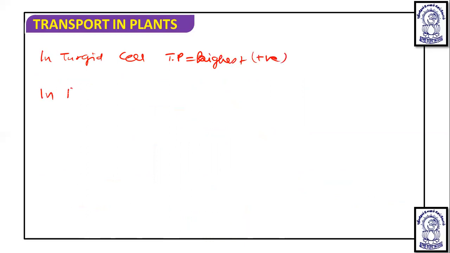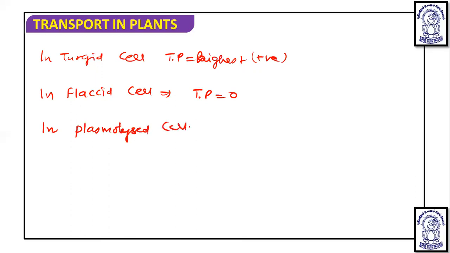In a flaccid cell, turgor pressure is equal to 0, and in a plasmolyzed cell, turgor pressure becomes negative. So these are the three things seen in the case of turgor pressure.